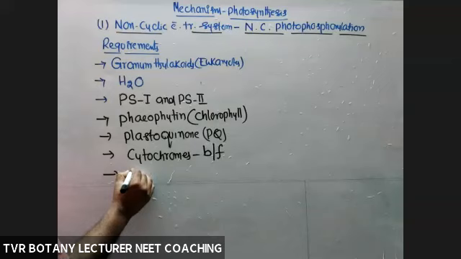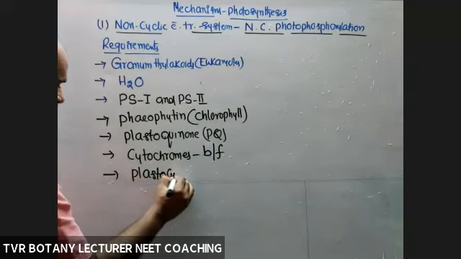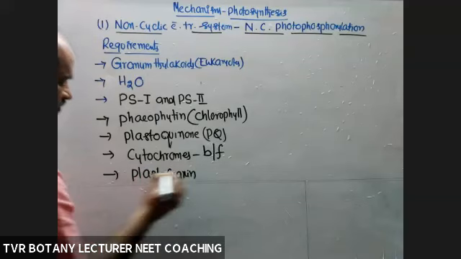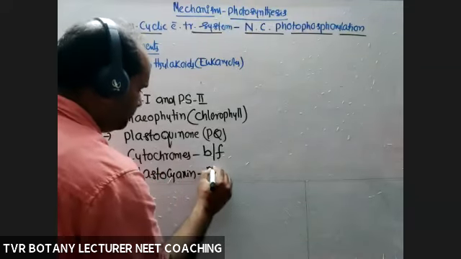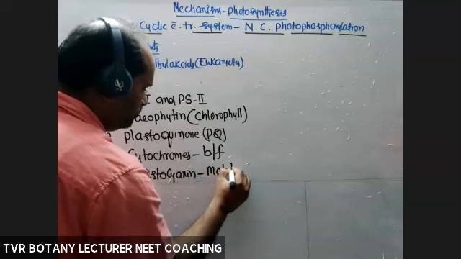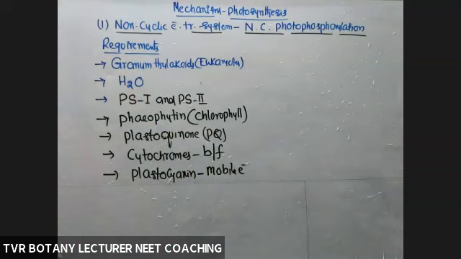Next, plastocyanin. Plastocyanin, a mobile electron carrier. Just here I'm giving components only. You have to remember all these components.